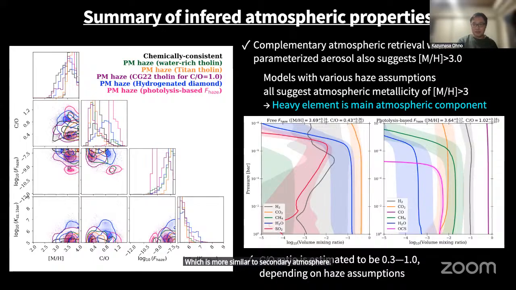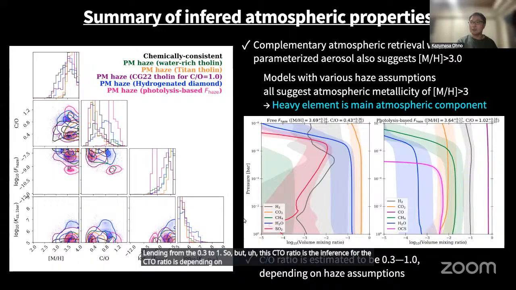By the way, as a bonus, we also get some loose constraint on the C/O ratio, which ranges from 0.3 to 1. But this inference for the C/O ratio depends on assumptions, so we need more observations to get conclusive results for the C/O ratio.